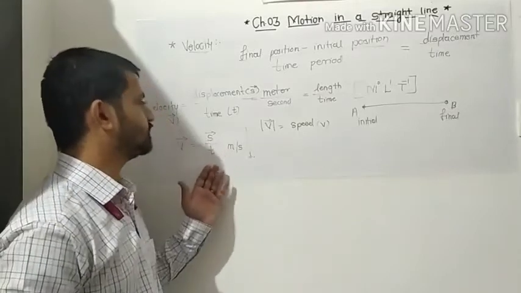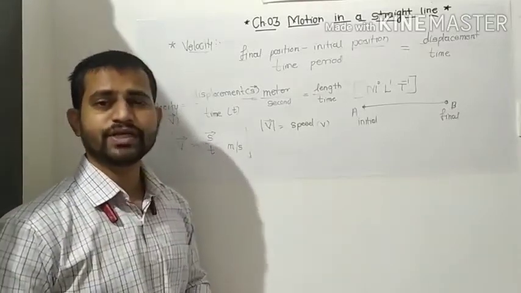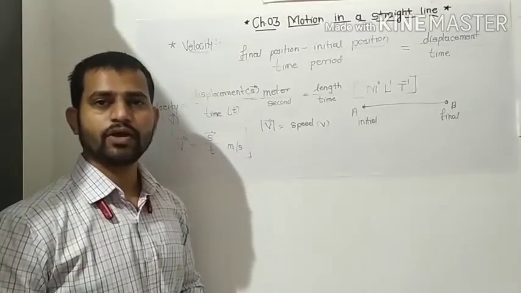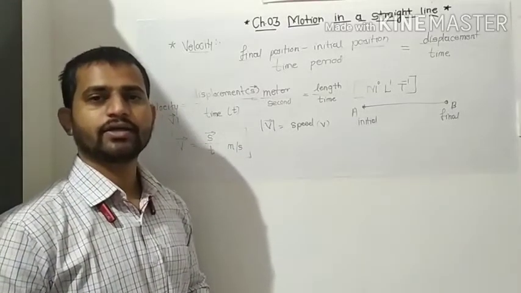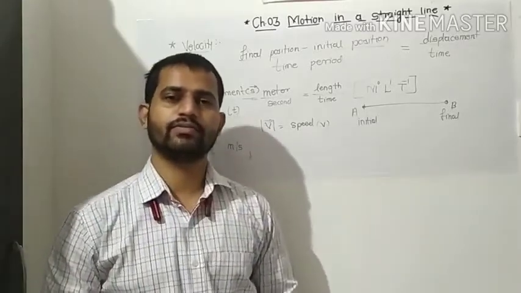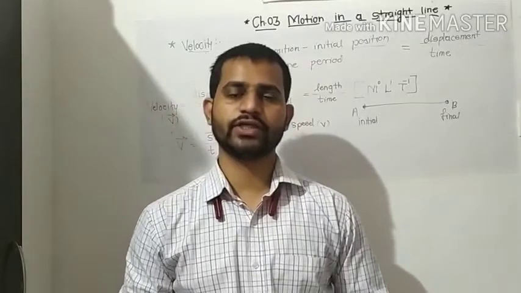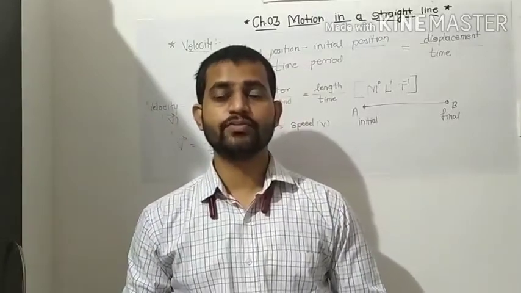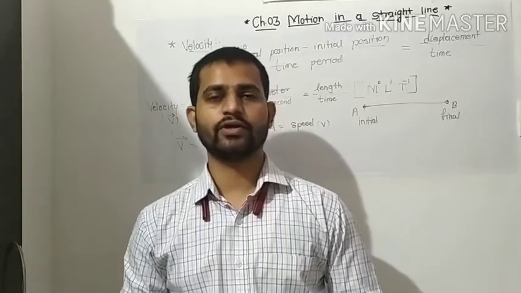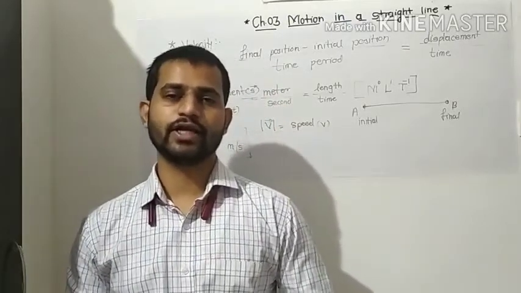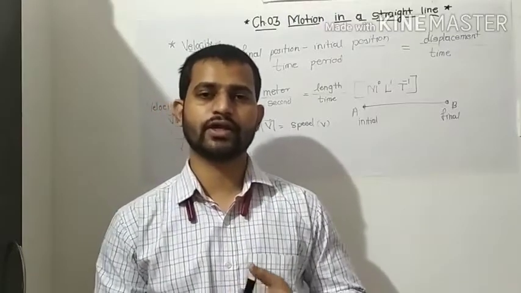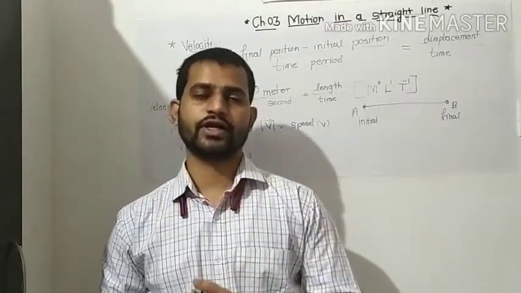So in this case, which are the specifications of the velocity we have studied? First of all, its formula or its definition, that velocity is the change in the displacement per unit time. Okay, velocity is the change in the position per unit time. So in this case we have to go for the change between the final position and the initial position, the difference between the final position and the initial position in a straight line path.